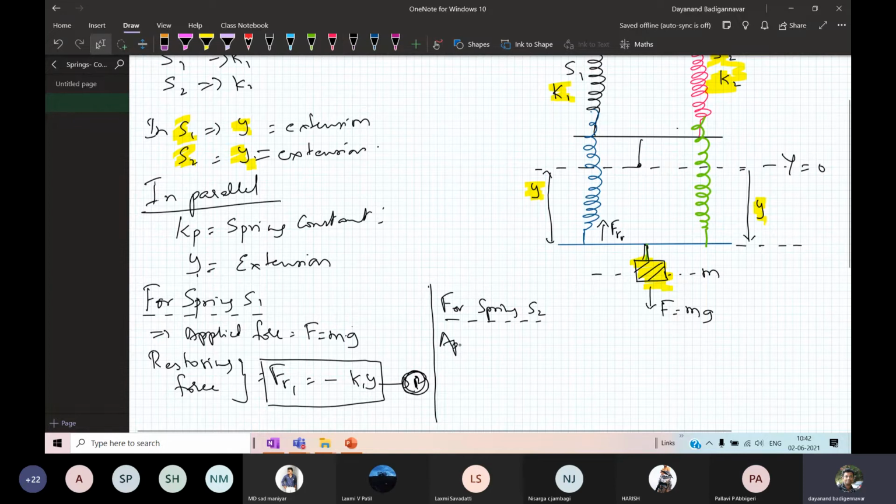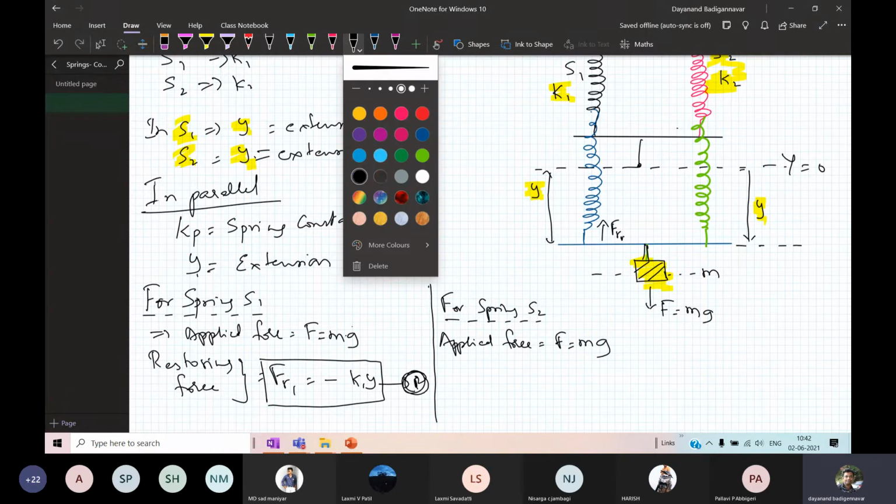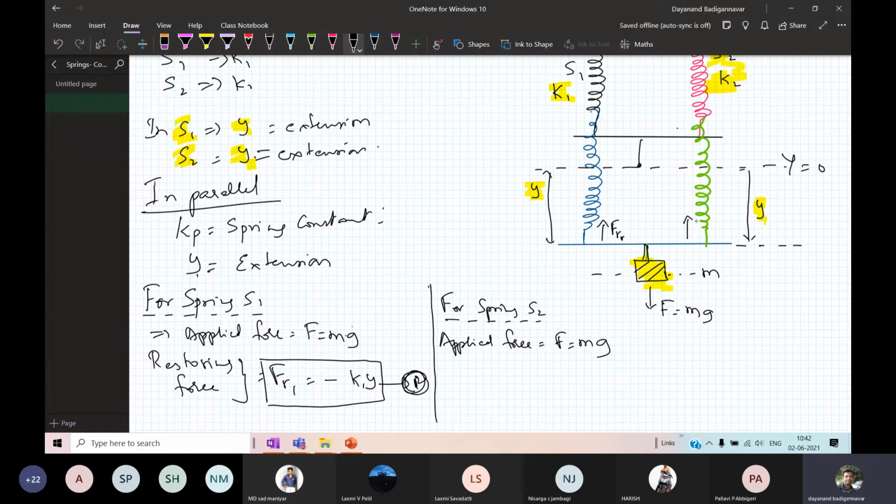Therefore, the applied force is F equal to M into G. Now, due to the applied force, there is a restoring force in the spring. What is the restoring force? This is Fr2, the restoring force in the second spring.